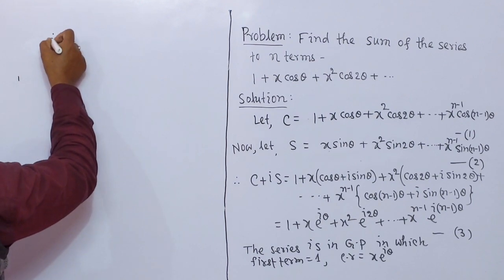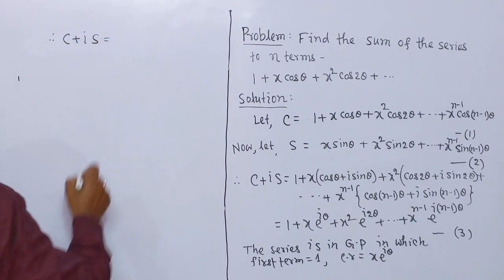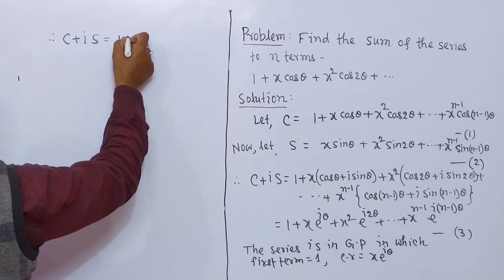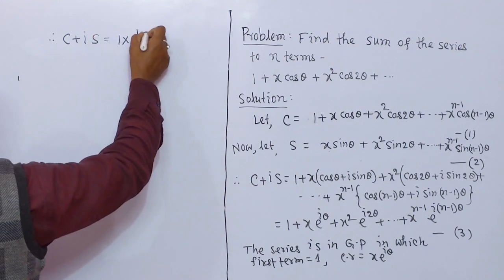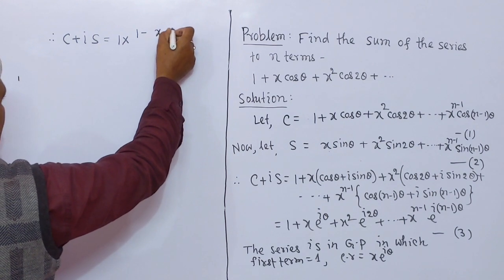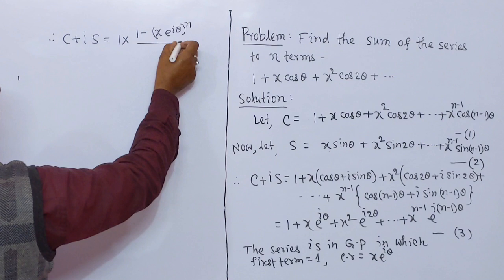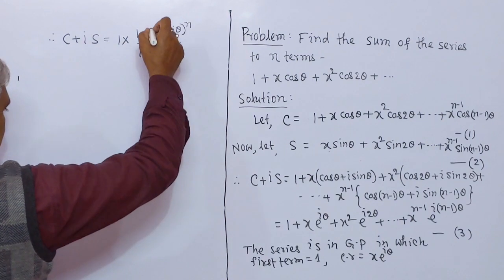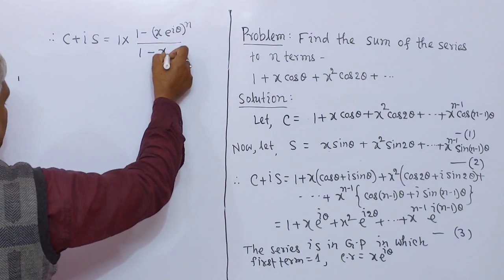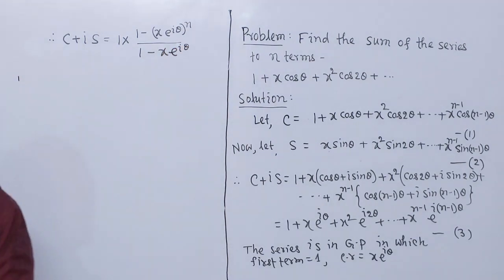Therefore C plus iS equals first term multiplied by 1 minus r to the power n, by 1 minus r, where r is the common ratio x e to the power i theta.